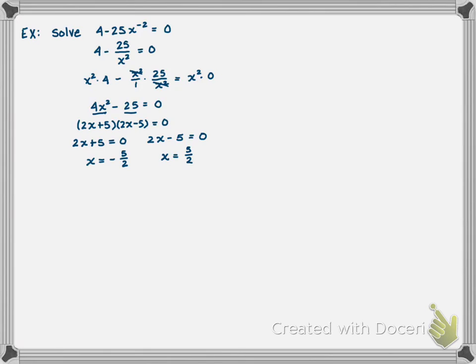And one thing we kind of ignored here is that because this is an equation with fractions, extraneous solutions are possible. We do have a restricted value of 0. But on these problems with the negative exponents, that won't ever be an issue unless you multiply by something other than the least common multiple. So if we had multiplied by x to the third instead of x squared to clear fractions, we would have had an extra factor of x everywhere.